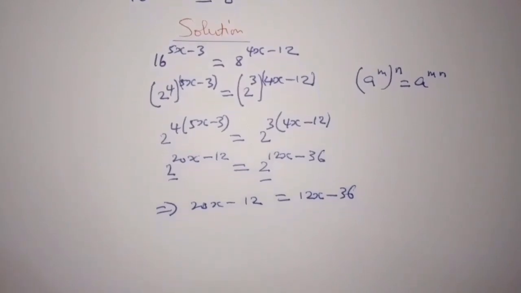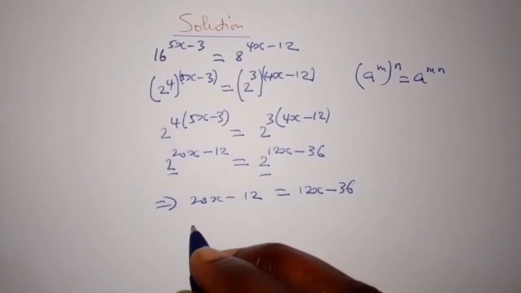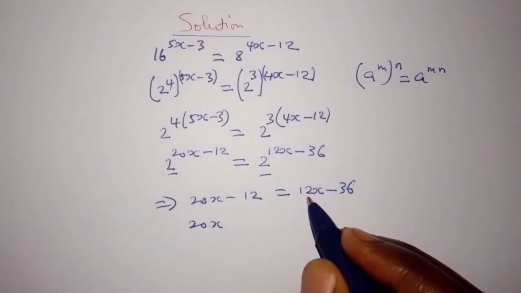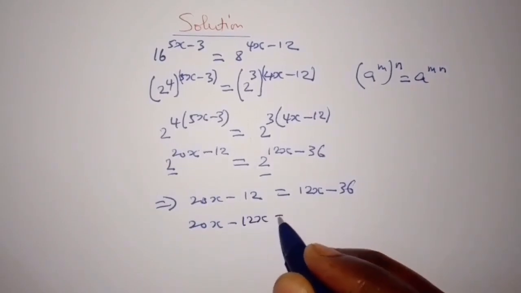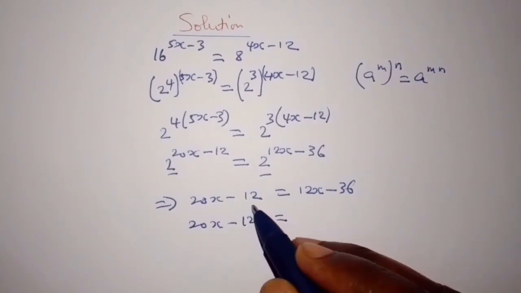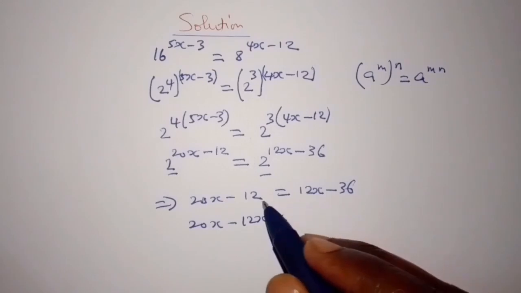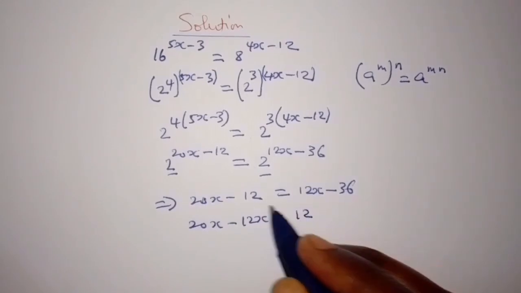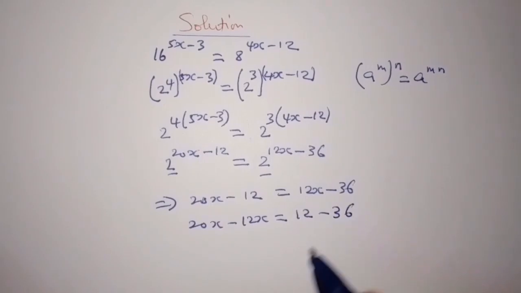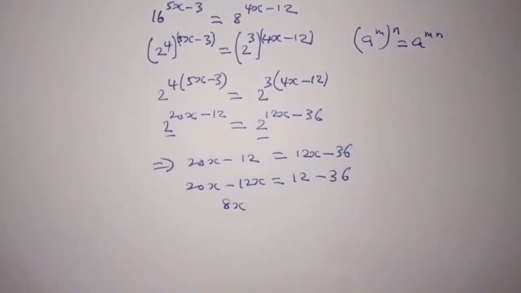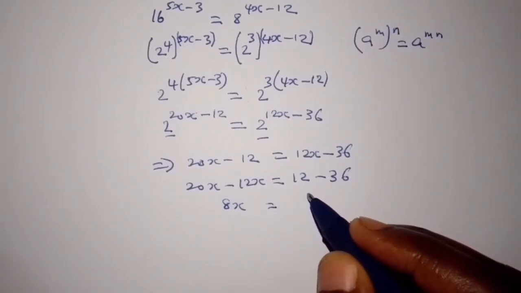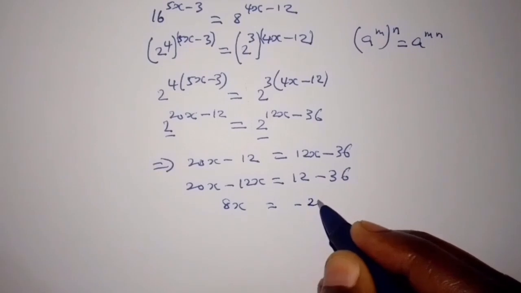We can bring the like terms together. 20x, we bring positive 12x, it crosses to the other side, it becomes negative 12x, is equal to, we bring negative 12 to the other side, it becomes positive 12 minus 36. 20x minus 12x is 8x is equal to 12 minus 36, which is negative 24.